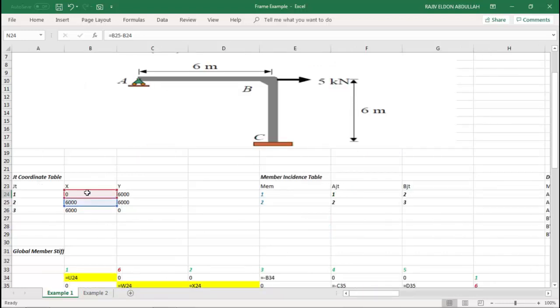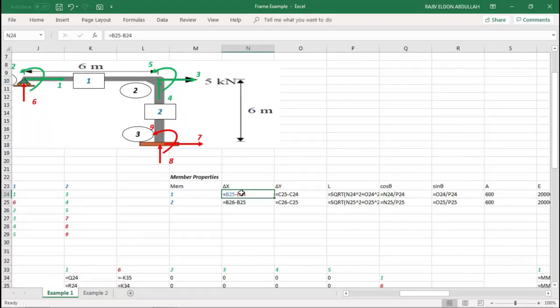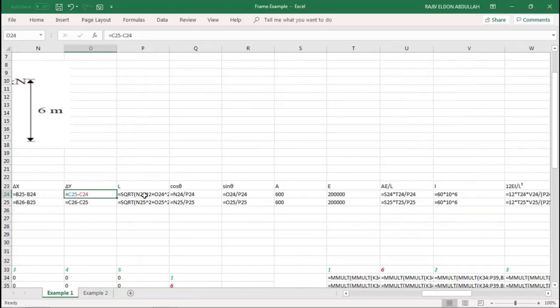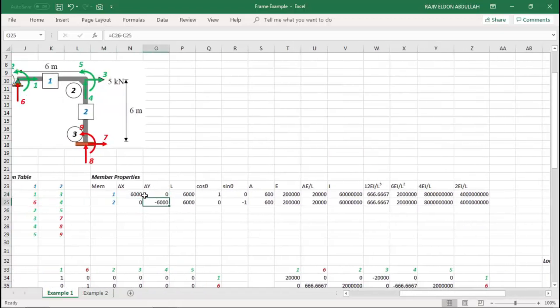You subtract these 2 to get that value. Okay, for delta y, you subtract these 2. So that's for member 1. Okay. Now you do the same for member 2, then you get L. So again, L is just the square root of the sum of squares, Pythagorean theorem.